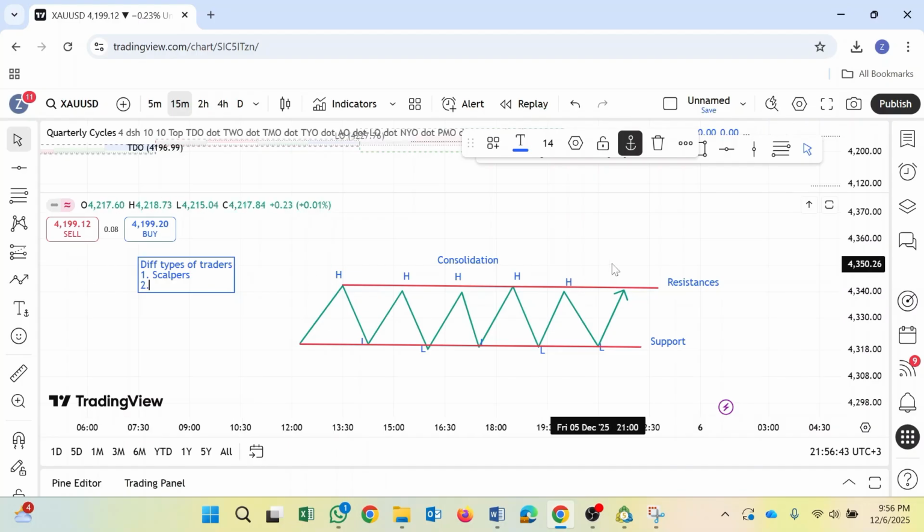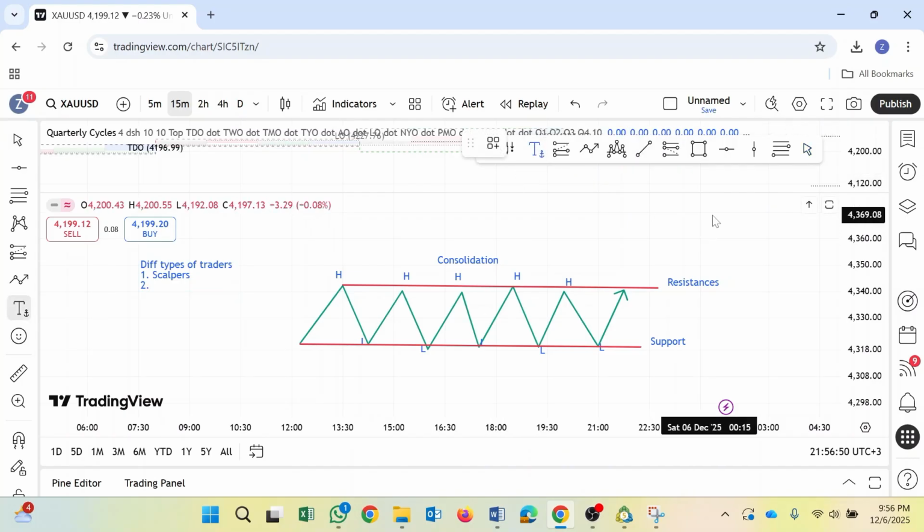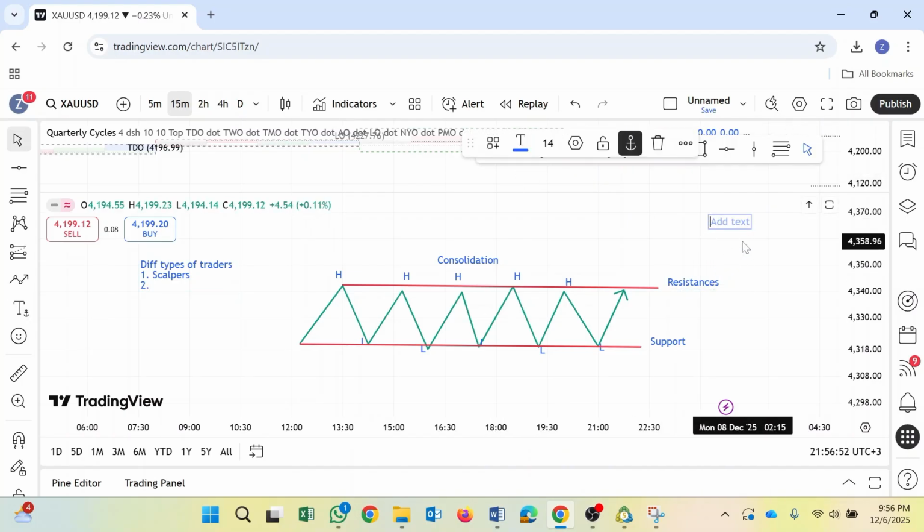That now brings us to something else that we also need to learn. Let me also mark something else here. We learn all this together. We have what we call time frames.